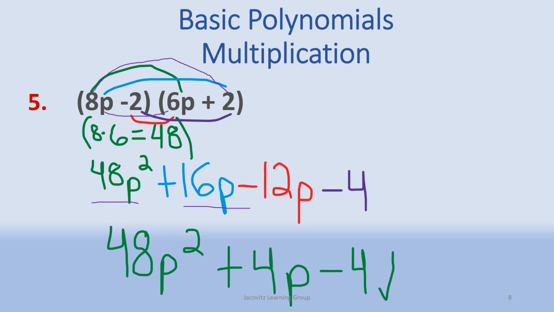Okay, negative 2 times positive 6p is a negative 12p, and I wrote that here. Negative 2 times 2 is a negative 4. The only terms you can add are here. 16p minus 12p is 4p. Your 48p squared is here, and your term that is alone, that is isolated, is here, and it remains negative, so this is your answer.